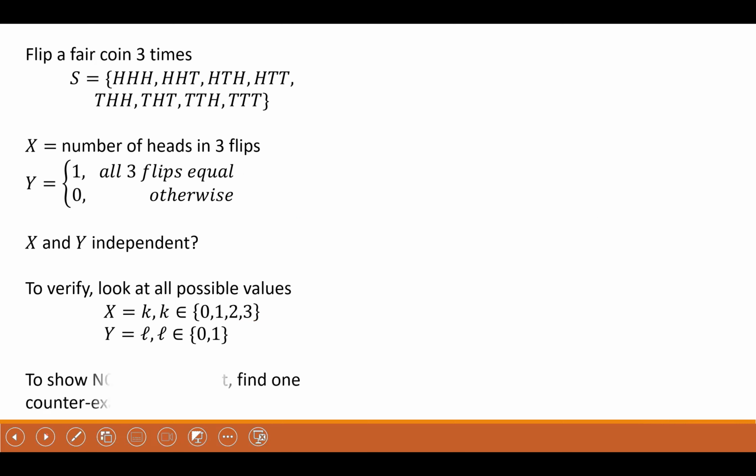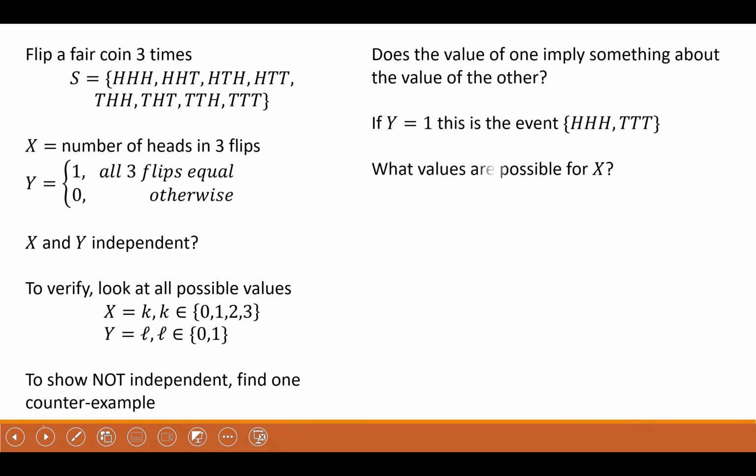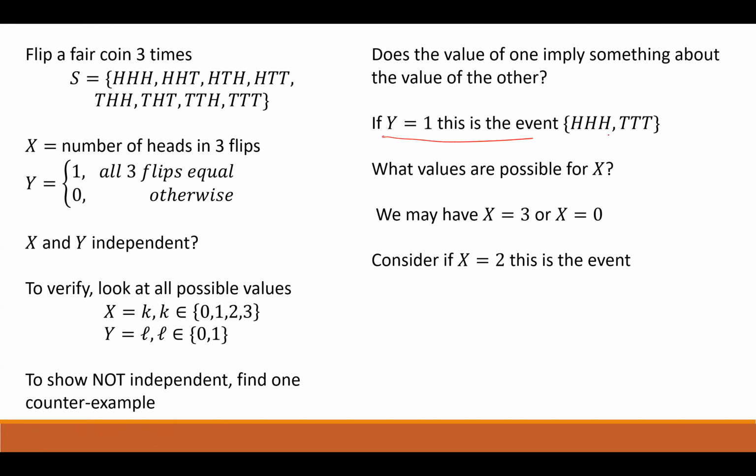So that is the intuitive way, that's going to give you the hint to tell you that they are not independent. You still have to prove it. But yeah, so this is basically what we just talked about. If I tell you Y equals 1, then the event is in these 2 outcomes.